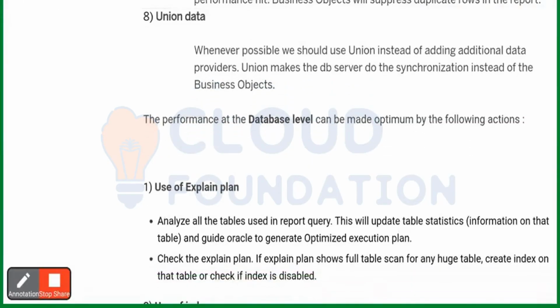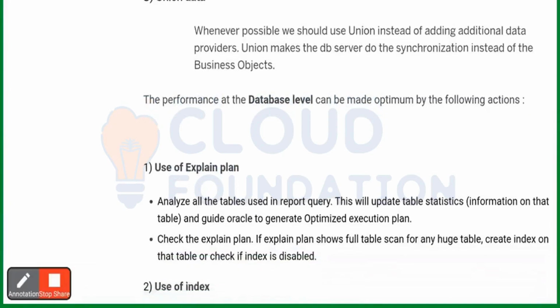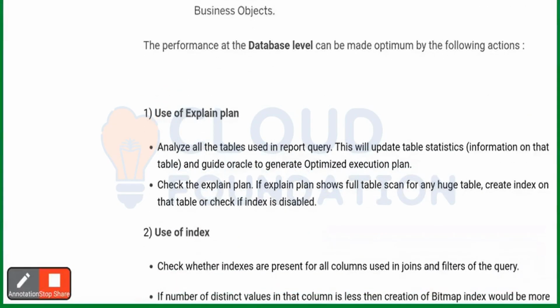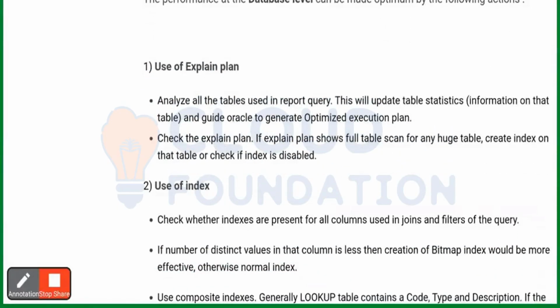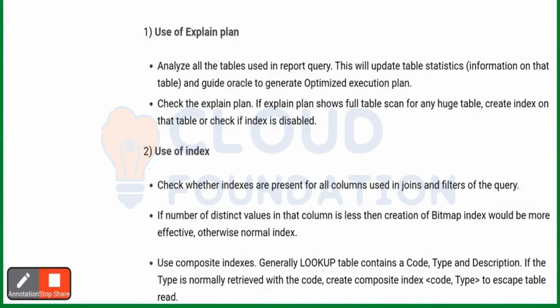The section below says the performance at the database level can be made optimum by using the following actions. What are the actions that we can do at the database level? Use of explain plan. Analyze all the tables used in the report query.